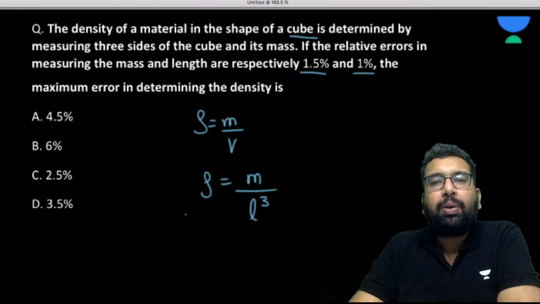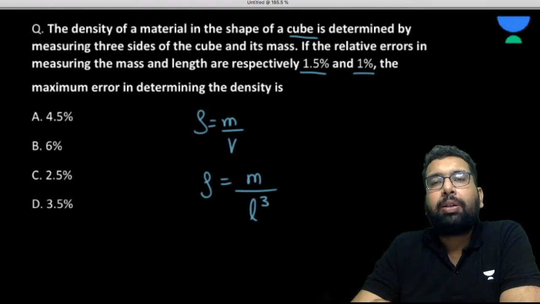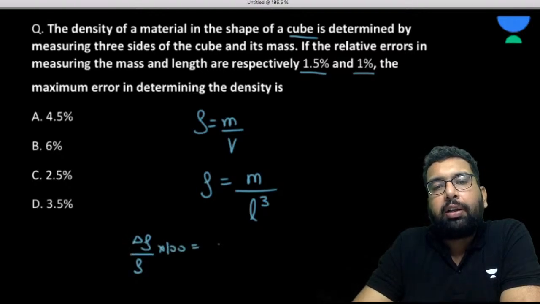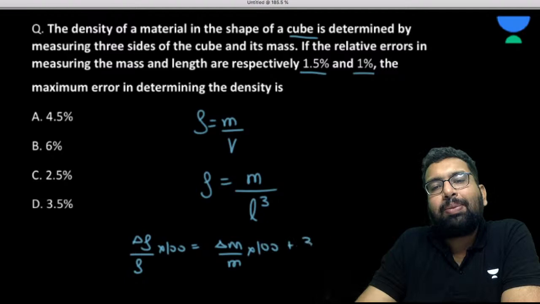So it becomes m upon L to the power 3. Now, using the same funda, can I write delta rho by rho into 100 is equal to delta m by m into 100 plus 3 times delta L by L into 100?